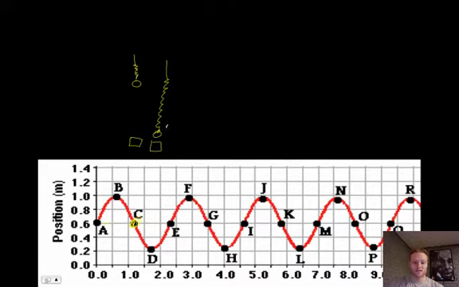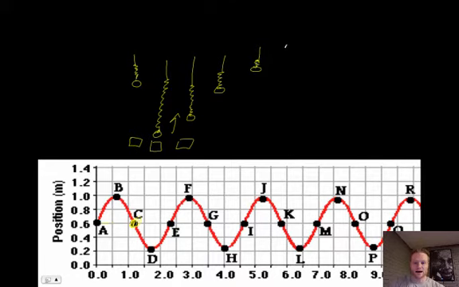What's going to happen? I think we all know the mass is going to rise upward. If I have my motion sensor here, my mass would be maybe at this point. As time progresses, it would bounce up to here, and then eventually up here.